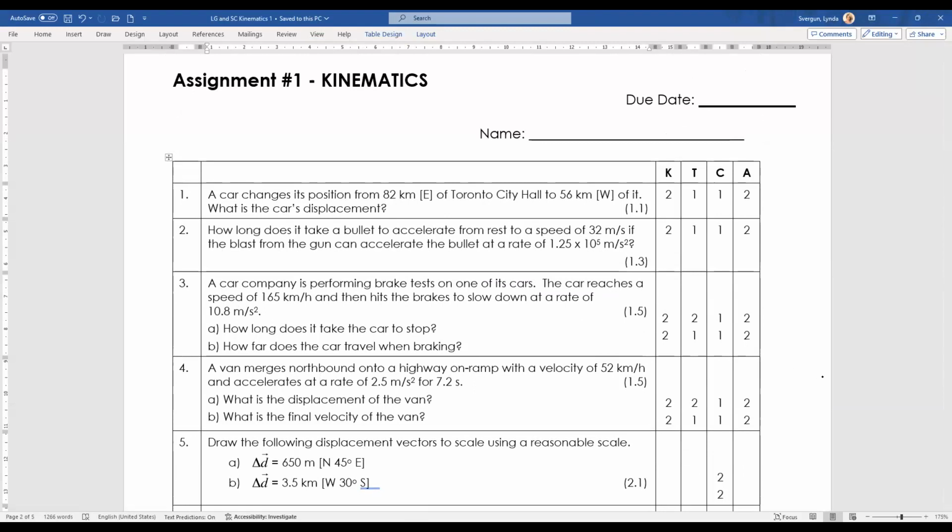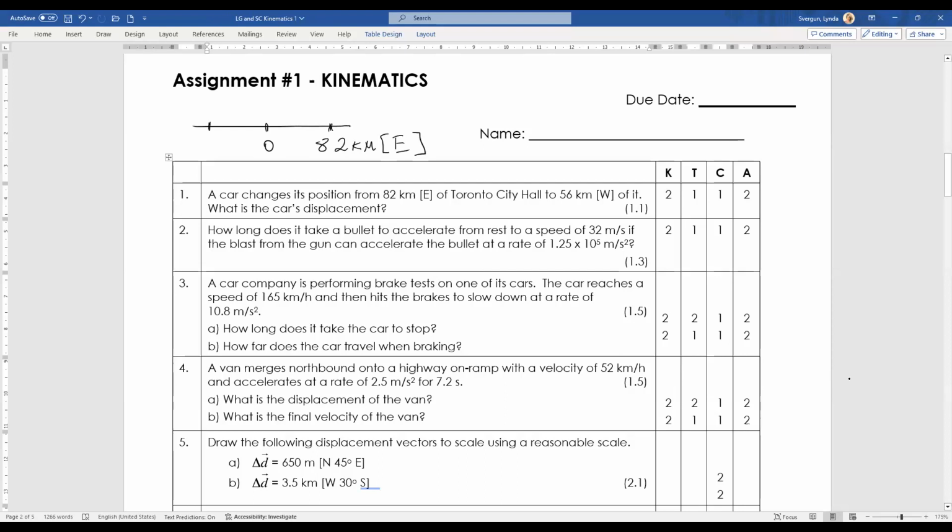A car changes its position from 82 kilometers east to 56 kilometers west. What is the car's displacement? The concept here is displacement, a vector that joins the initial and final position. If at first you were 82 kilometers east, for example here is the origin, and now you moved to 56 kilometers west, on the left side.